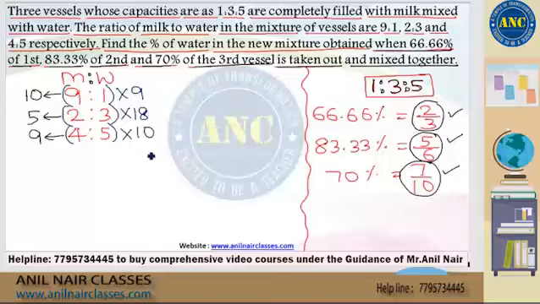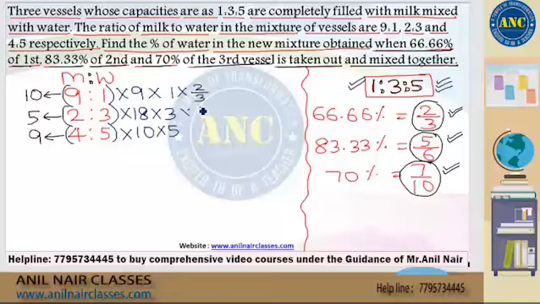But the question says it should not be equal ratio. It should be in the ratio 1:3:5. So, multiply these values with 1, 3 and 5. The question also says it should be mixed in the ratio 2 by 3 to 5 by 6 to 7 by 10. Multiply that also.